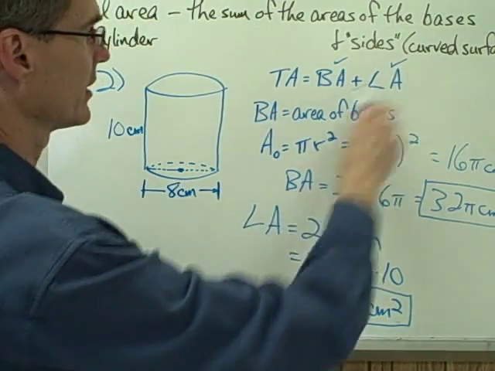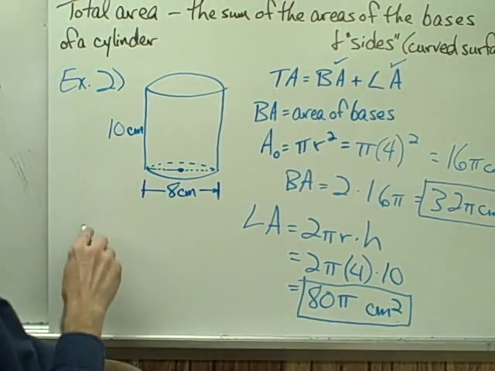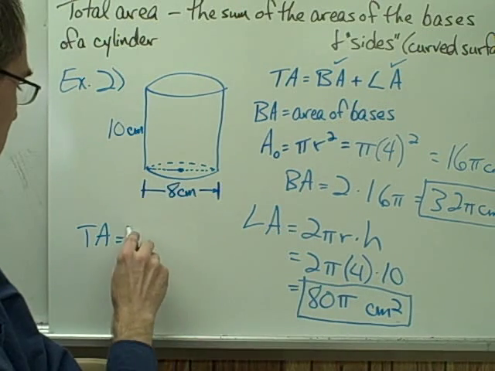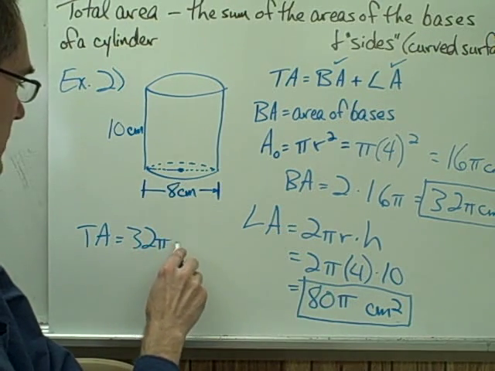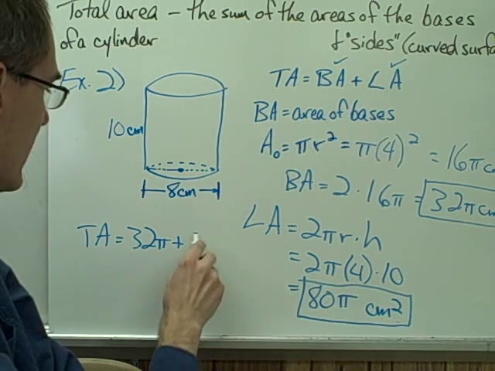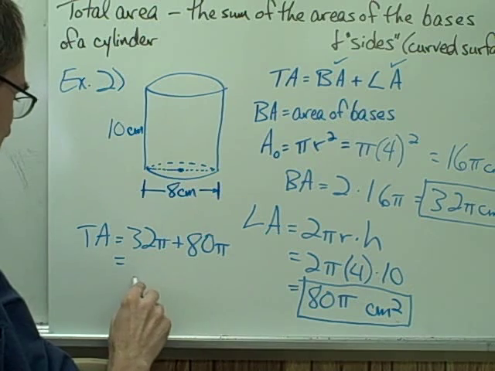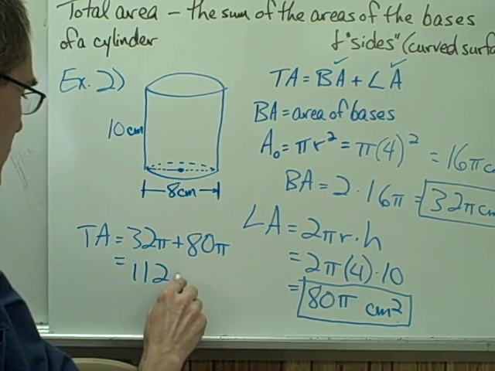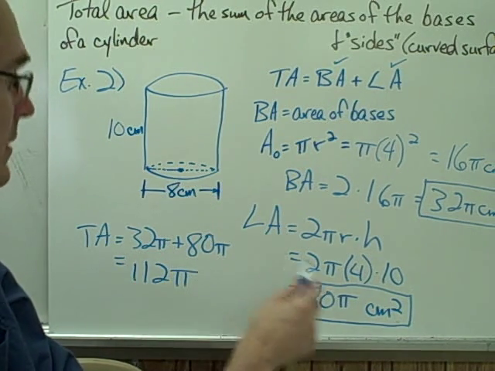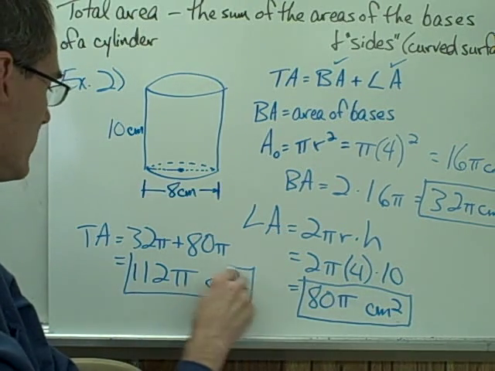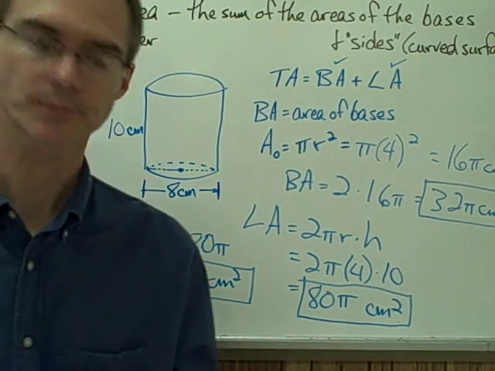So I have my lateral area. So to calculate the total area is just base area plus lateral area, which is 112 pi. My units are square centimeters.